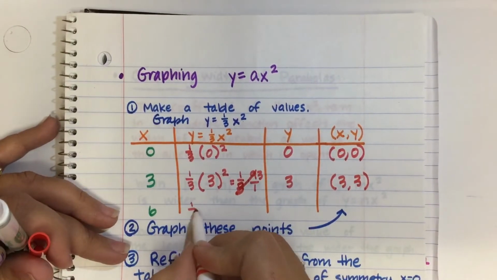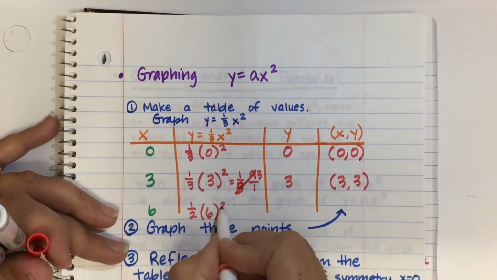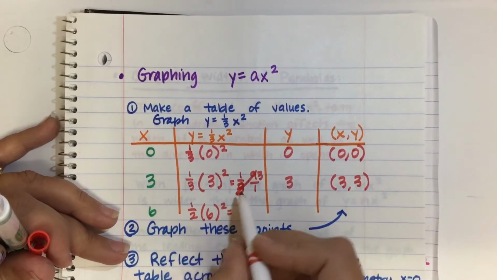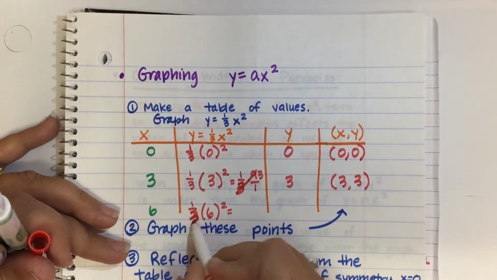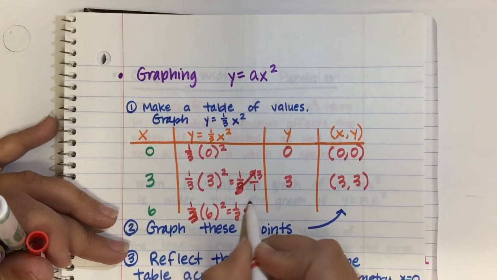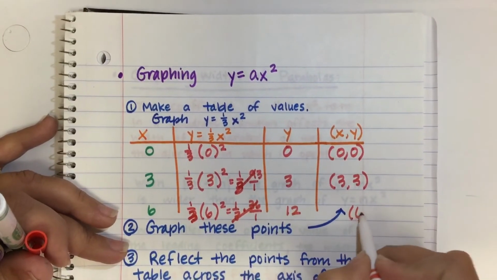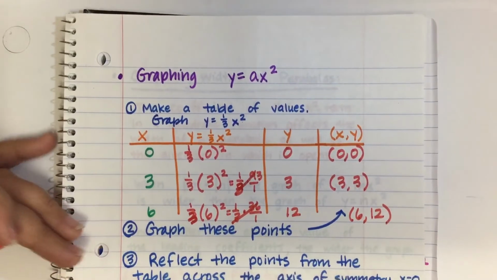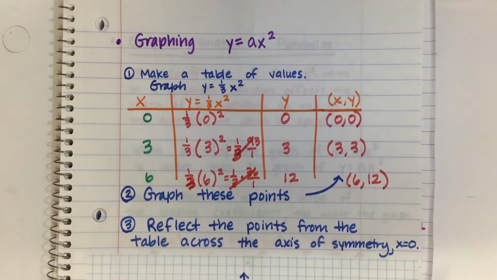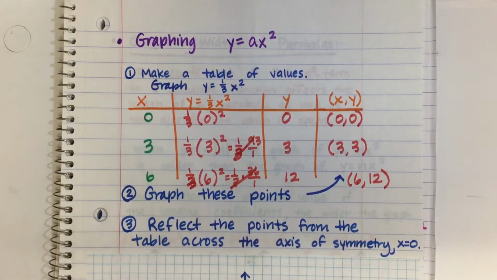And then 1/3 of 6 squared. 6 times 6 is 36. So 1/3 times 36. 36 divided by 3 is 12. So I'm going to have 6, 12. Alright, so now I have 3 points, and I'm going to need to graph those.